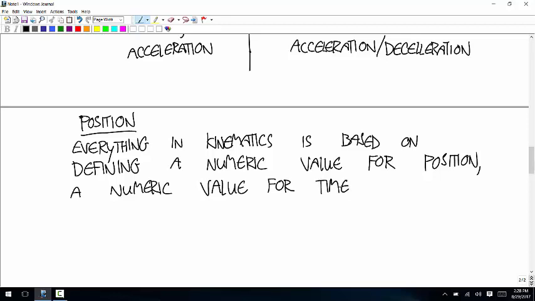So let's say the numeric value for time I'm going to call lowercase t, and the numeric value for position I'm going to call lowercase p.